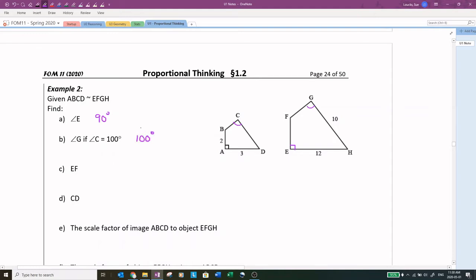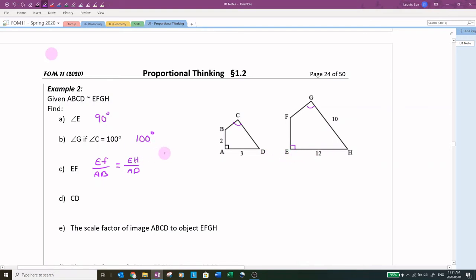Find the length of EF. So the ratio of EF to AB, those are corresponding sides, is going to be the same as EH to AD. And I have to use EH and AD because that's the only side that I know the measurements for in both shapes.